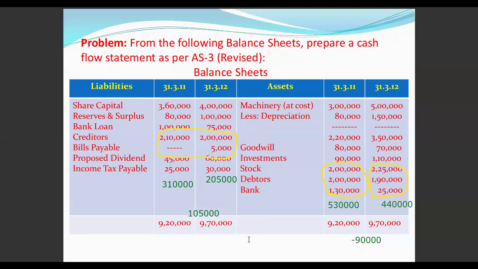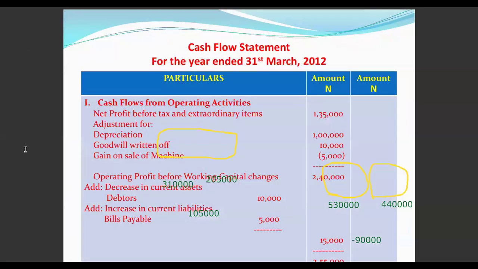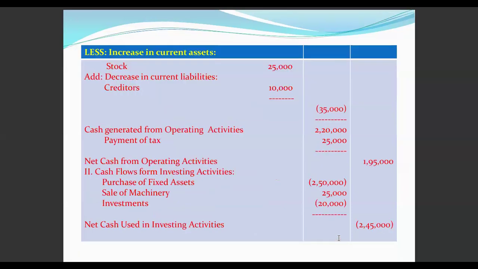This change is a decrease, but when it is a decrease on the credit side, we consider it as an outflow, and hence we adjusted the same here. And you can see the change of 15,000 is denoted, and ultimately 35,000 is my change in current assets and current liabilities.